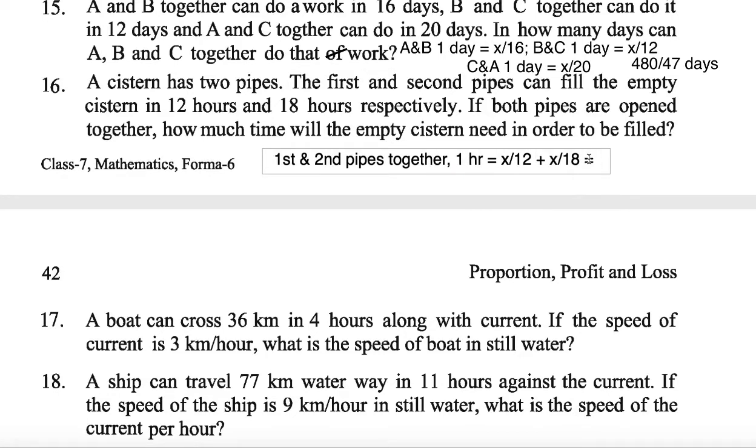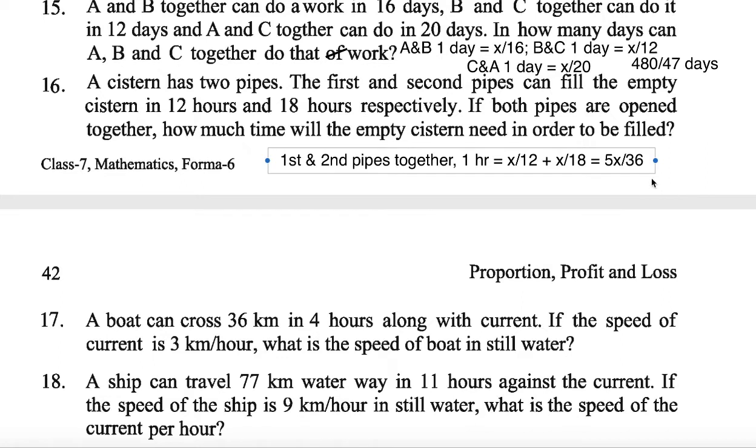12, 18. What is LCM? This is 4, 3. This is 3, 6. Or this is 6, 2. This is 6, 3. Then 6 into 2 into 3, 36. Okay, 36 is the LCM. 6x, this is 2x, so 5x. 5x upon 36 portion they can fill in 1 hour if they work together.